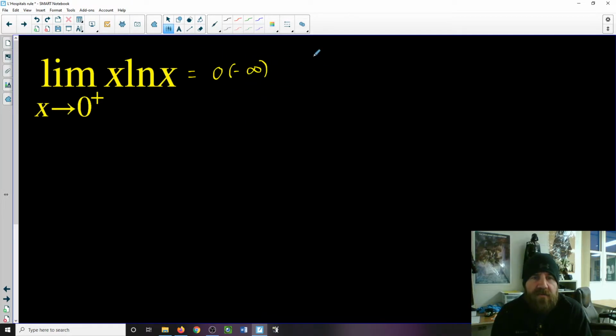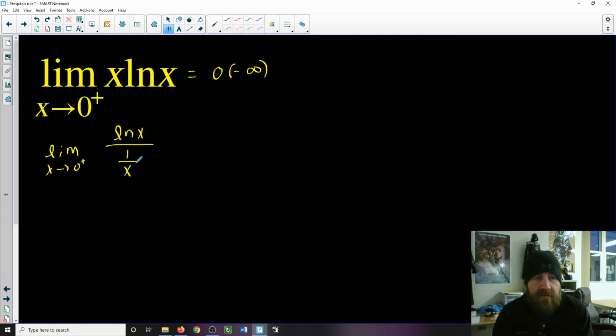So for L'Hopital's, we need to turn that into a situation where we could use it. We have the limit as x approaches 0 from the right, and what I want to do is rewrite it as a fraction. So I'm going to have ln x divided by, if we move x to the bottom, a negative power, we can write it as x to the negative 1.